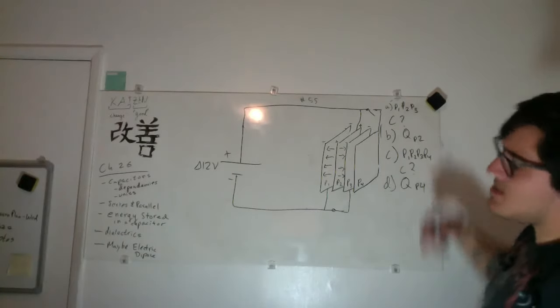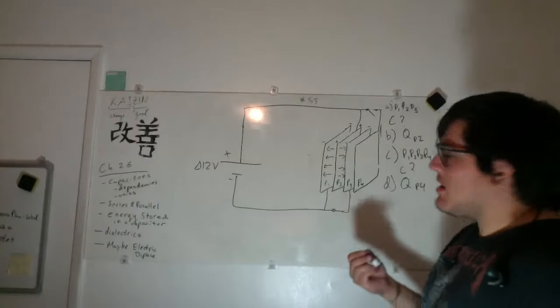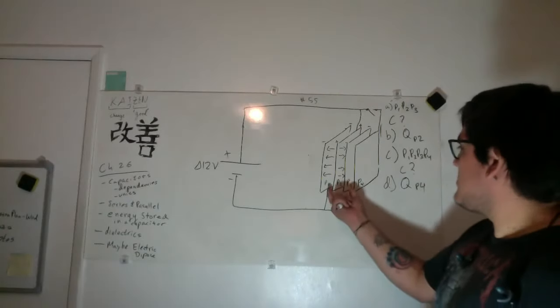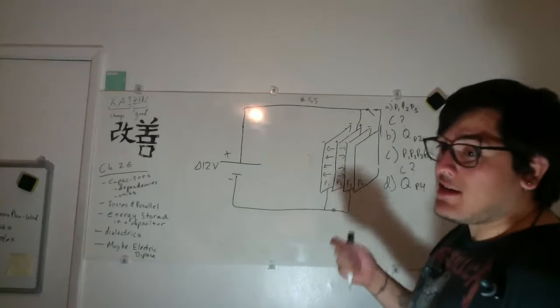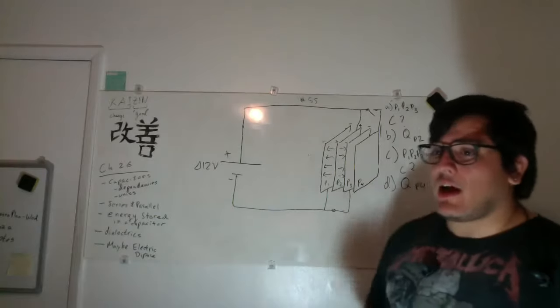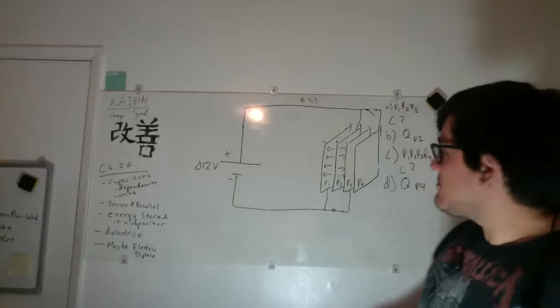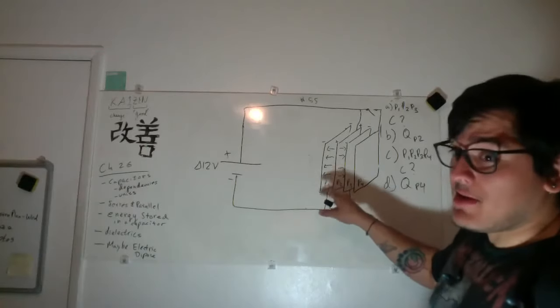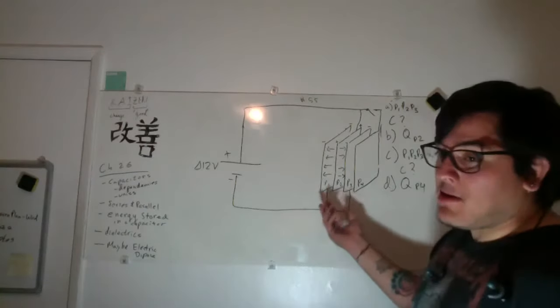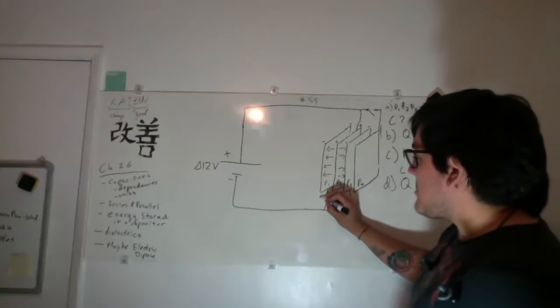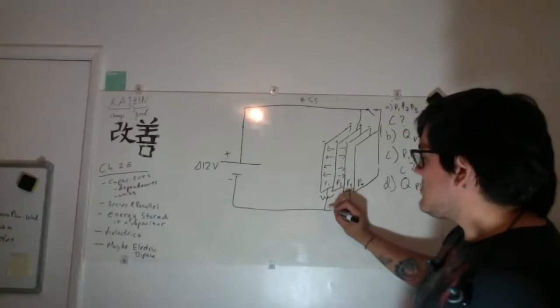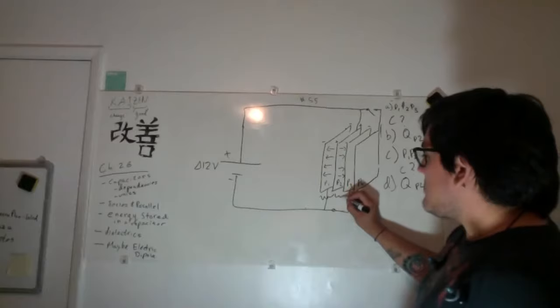So how can I find the capacitance of these three plates? First, I must remember and recognize that a capacitor is two plates. It has to take two plates to make a capacitor. So you make a capacitor out of these and out of these.